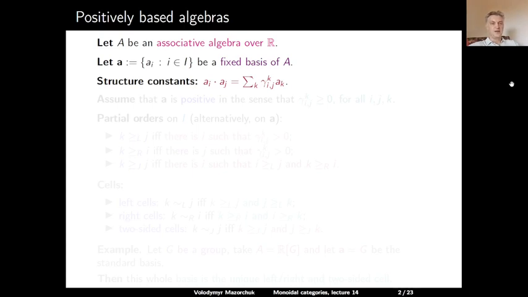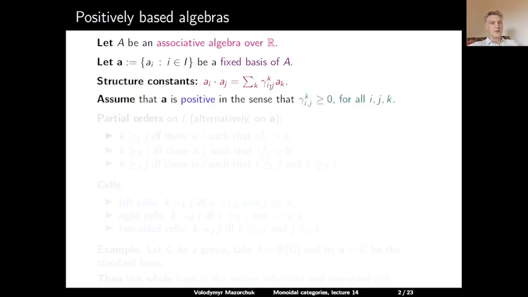If we multiply the basis element a_i with the basis element a_j, we can write the outcome as a sum over our basis, indexed by k, of the basis element a_k with the coefficient gamma_ijk. This coefficient gamma_ijk is a real number, and it is a structure constant for our basis.